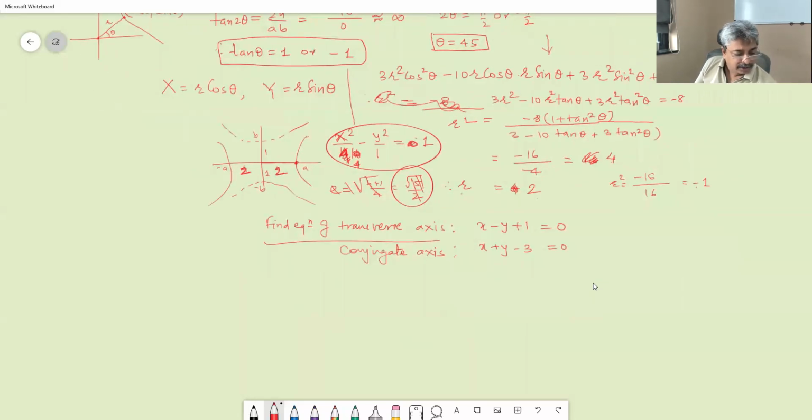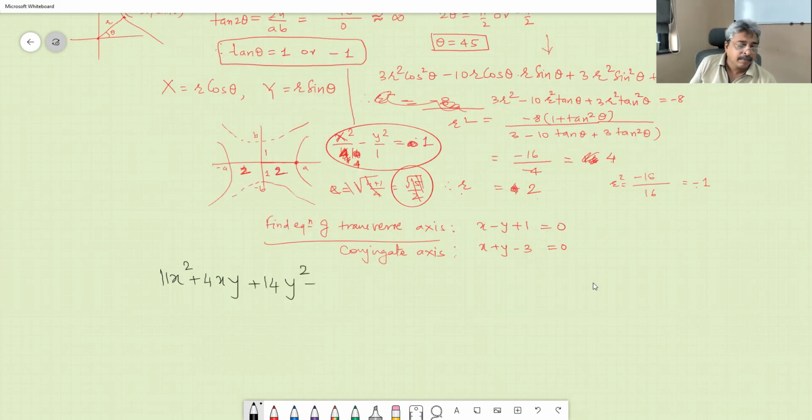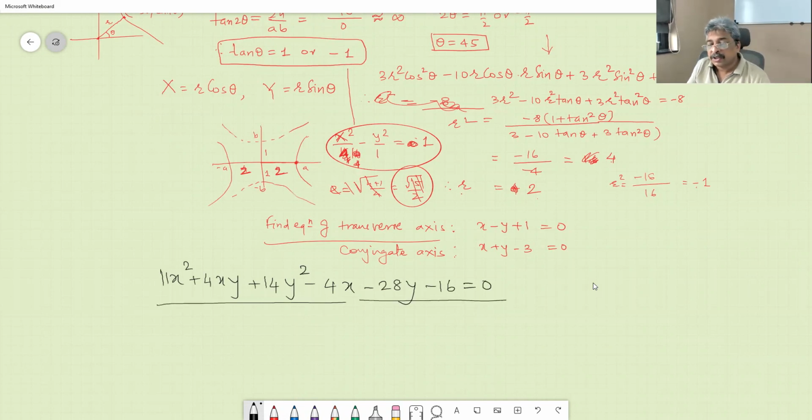So reduce the equation and find exactly all the same things of the equation 11x square plus 4xy plus 14y square minus 4x minus 28y minus 16 is equal to 0. That is the job for remaining 15 minutes. Find everything.